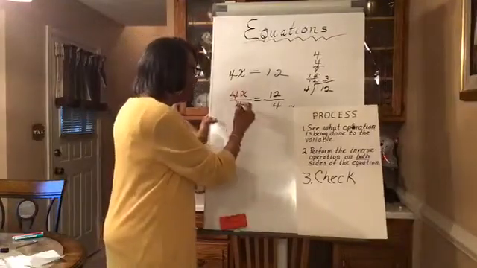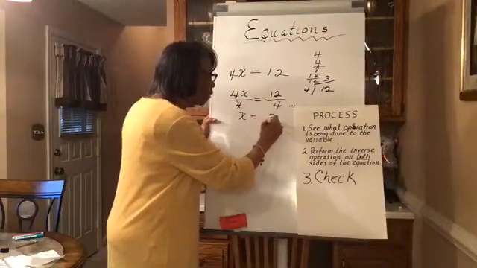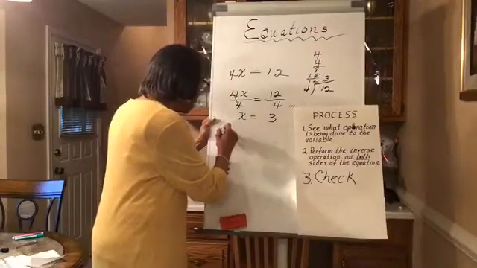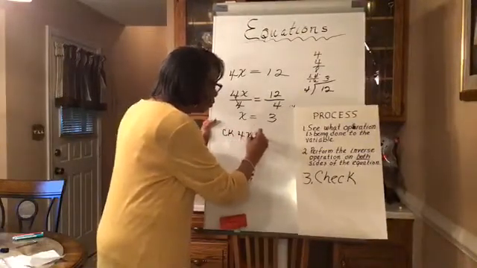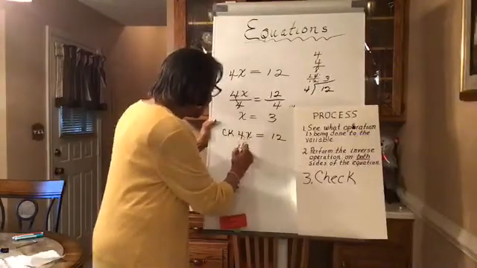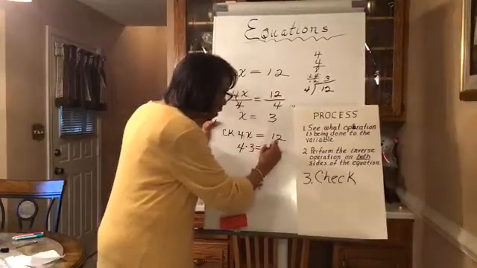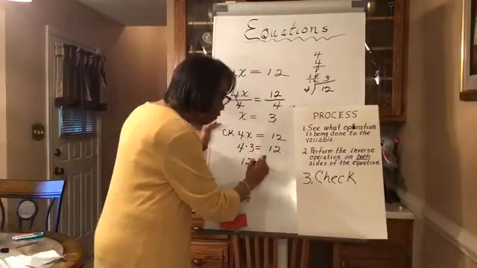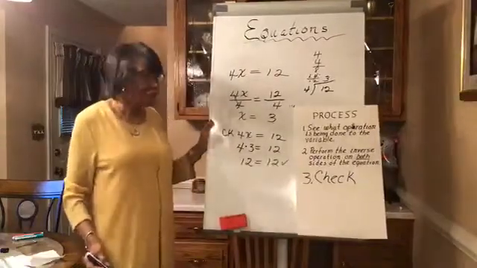So the answer here is x equals 3. Checking it, 4x equals 12. 4 times 3 equals 12. So both sides say the same thing. So we know that we have solved the problem correctly.